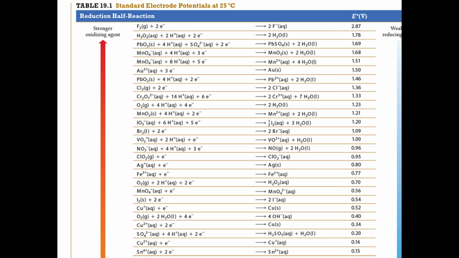Right here. About midway down, you see nitrate, aqueous, gains 4 hydrogen ions and gains 3 electrons, and it's 0.96 volts. So that reaction wants to happen. I record that one, and then the aluminum.